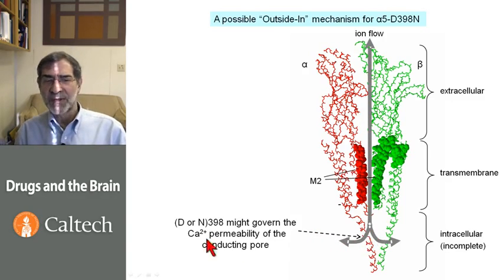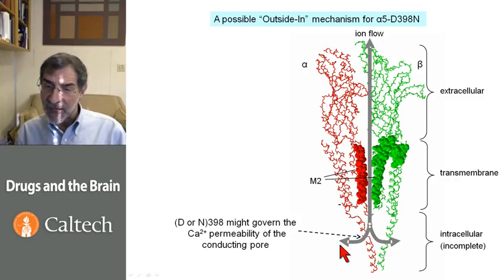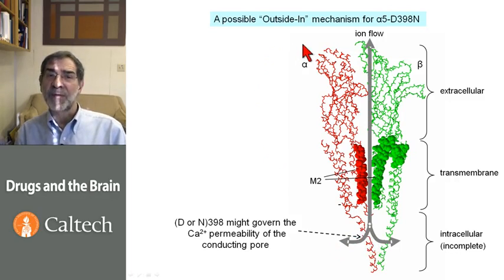And so one hypothesis is that position 398 actually governs the calcium permeability of the conducting pore. Well, that would certainly be important for the outside-in mechanism. And there are some data suggesting that the D398N polymorphism does control calcium permeability.